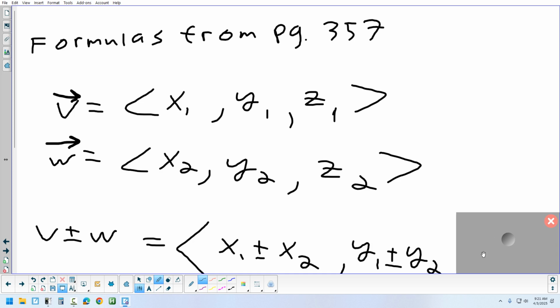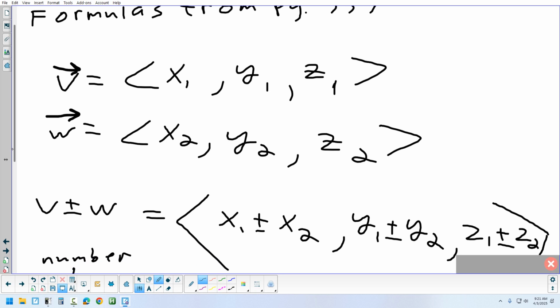But what do you think I have to put now because it's 3D? Z1 plus Z2. If we're going to add them, we also have to add a section on the end of the formula for the z-axis components.